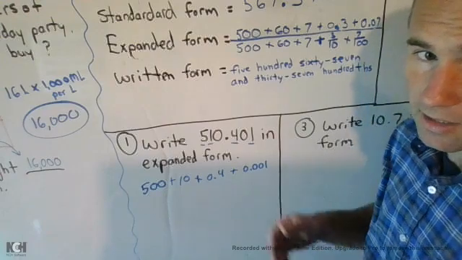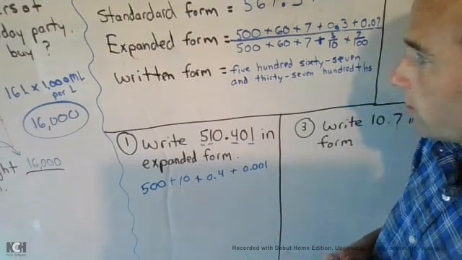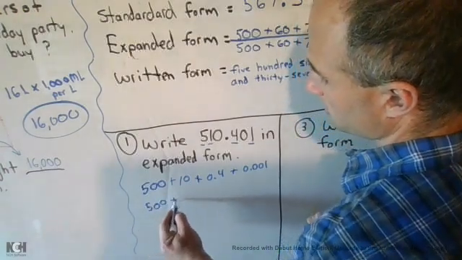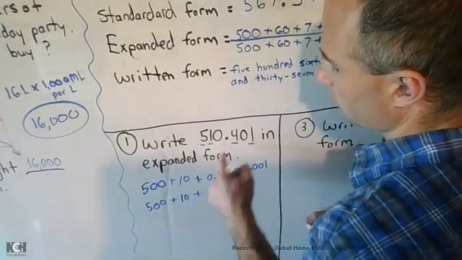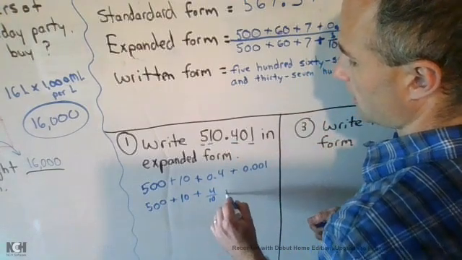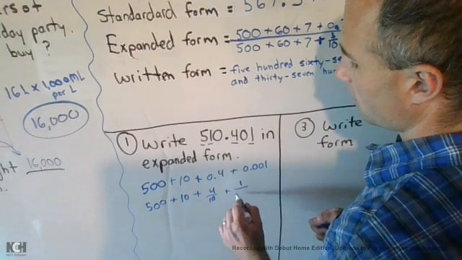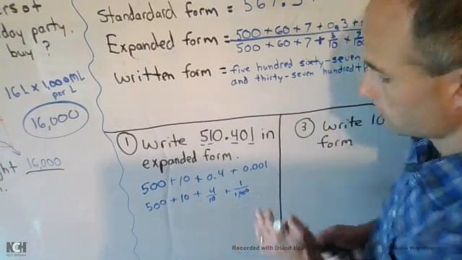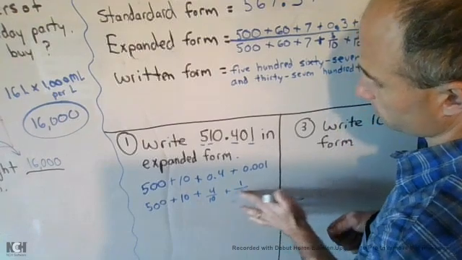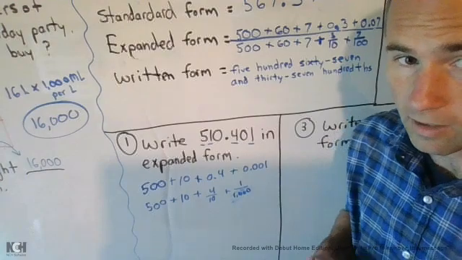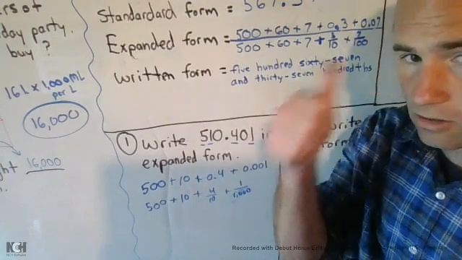Now, if you were doing this in expanded form with fractions, it would look like this: 500 plus 10 plus 4/10 as my fraction and 1/1000, because the 1 is in the thousandths place. Okay? Either one of these answers, you're good to go.